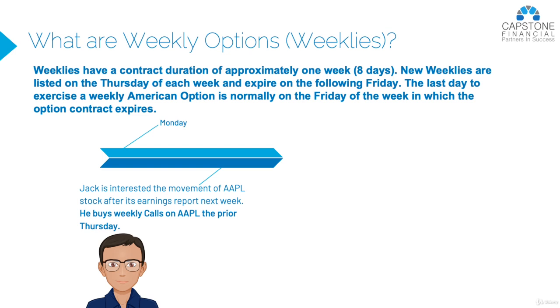He buys call options on Apple the prior Thursday, feeling as though the stock will move higher going into earnings, with the anticipation that it will either beat expectations and or just move higher into the earnings announcement.